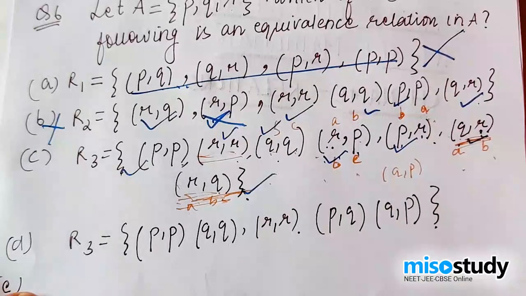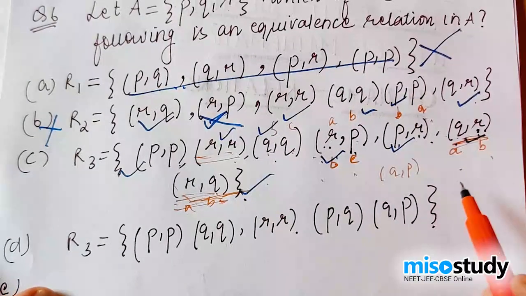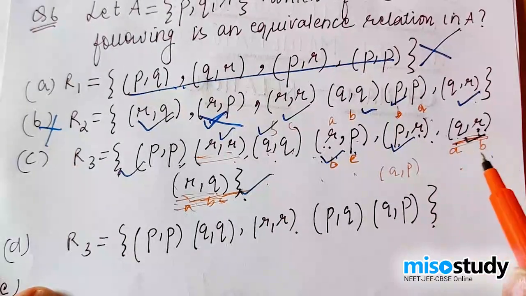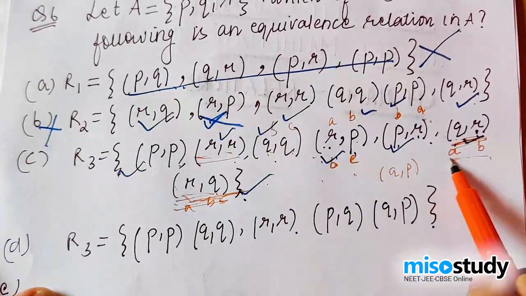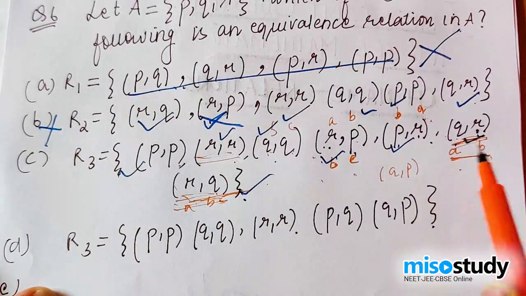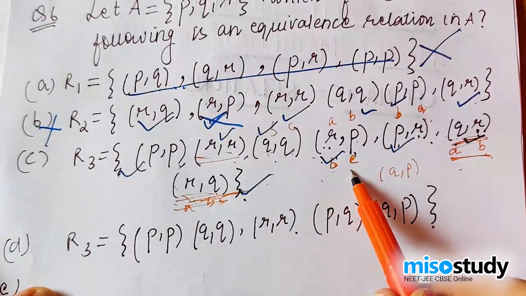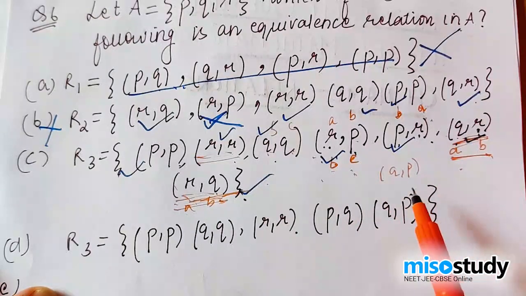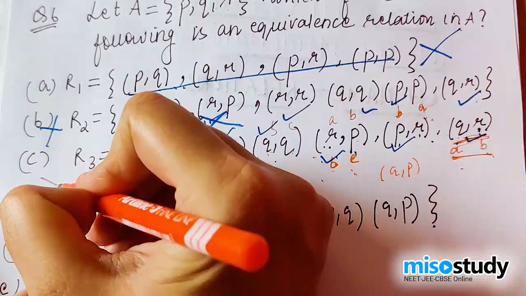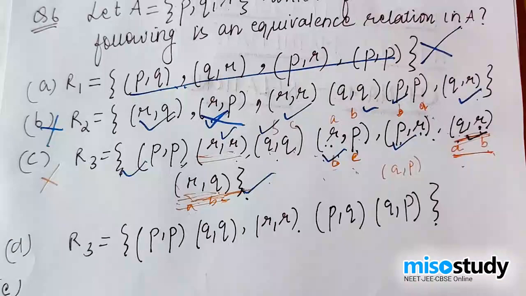And hence we found out that this is not transitive. Why? Because when we were checking for the same kind of elements, it was true. Now let's check for the different one. A linked to B, that is Q linked to R, B linked to C, R is linked to P, then you must have QP, and you don't have QP over here. So hence this is not transitive. So this is also not the option.